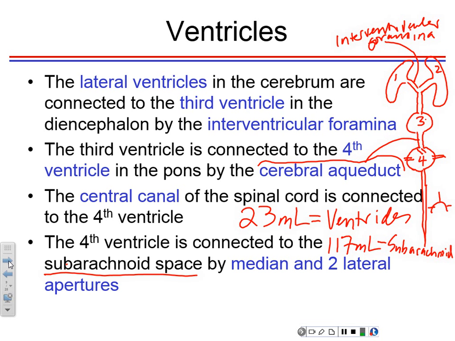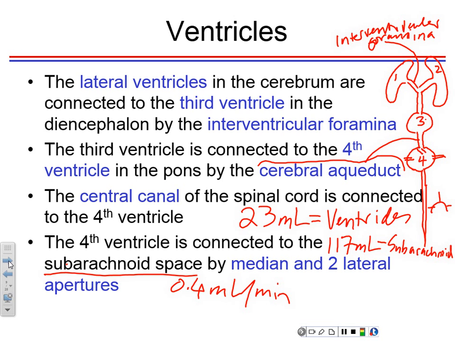When the cerebrospinal fluid is produced, it is at the same time being emptied into the dural venous sinuses at a rate of about 0.4 milliliters per minute. It is also produced by the ventricles at the same rate, so that the cerebrospinal fluid volume is constant, right?